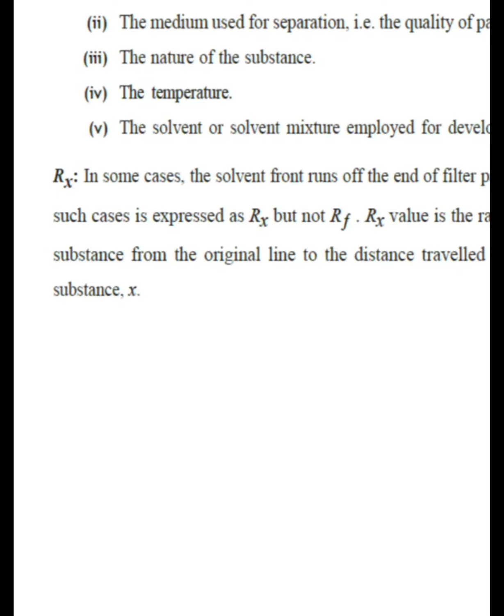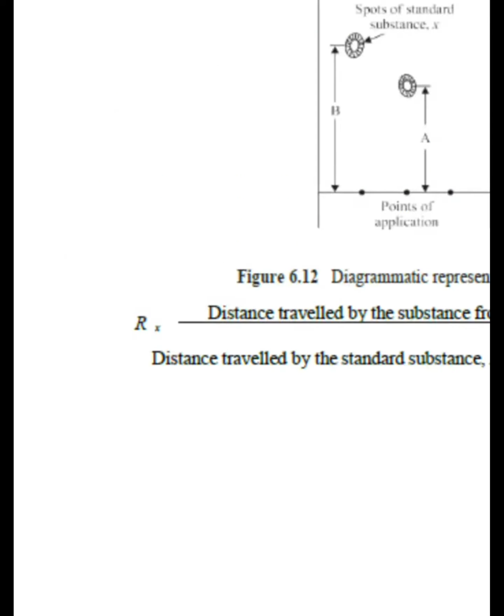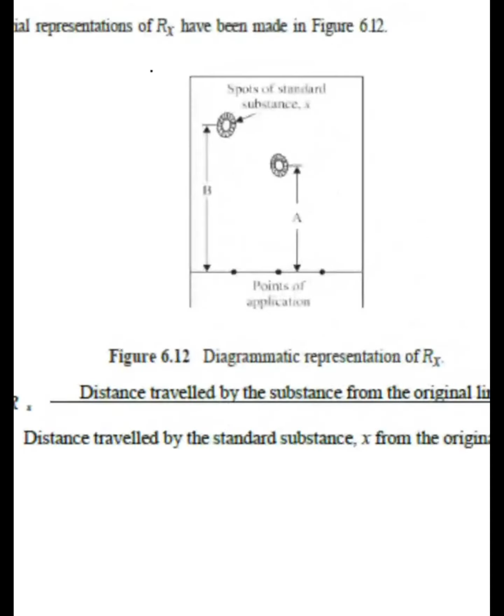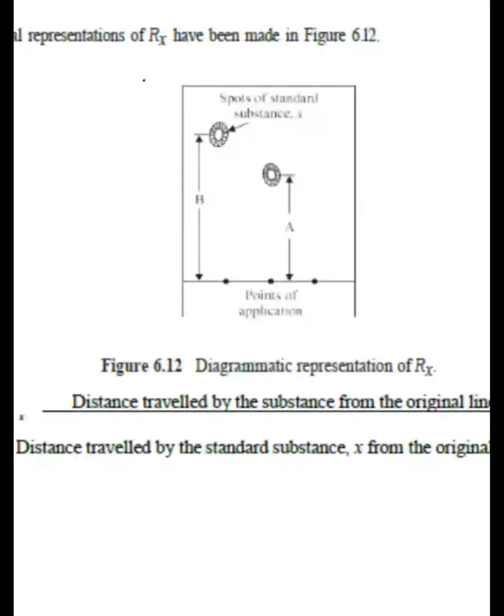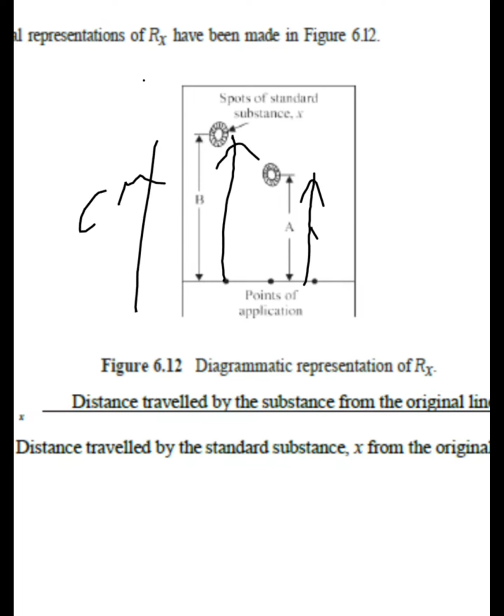The retention factor is nothing but the distance traveled by the solute. Solute is nothing but the mixture. So the distance traveled by the solute, which we measure in centimeters, divided by the distance traveled by the solvent.